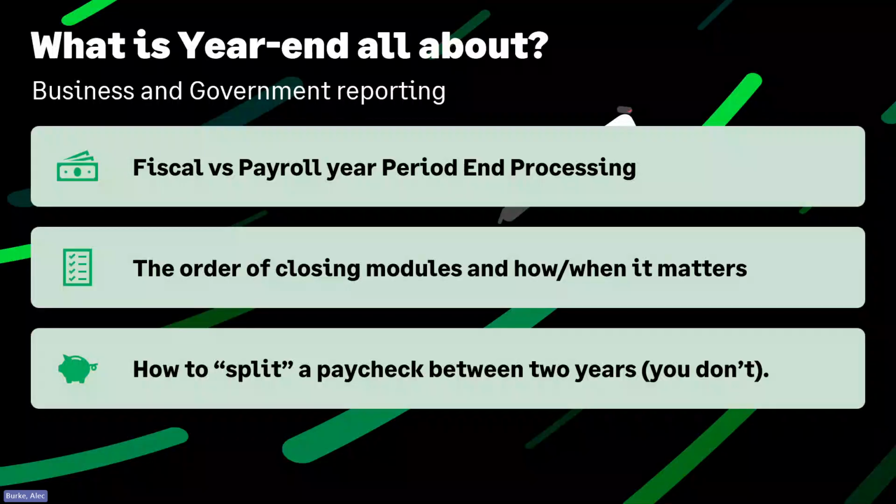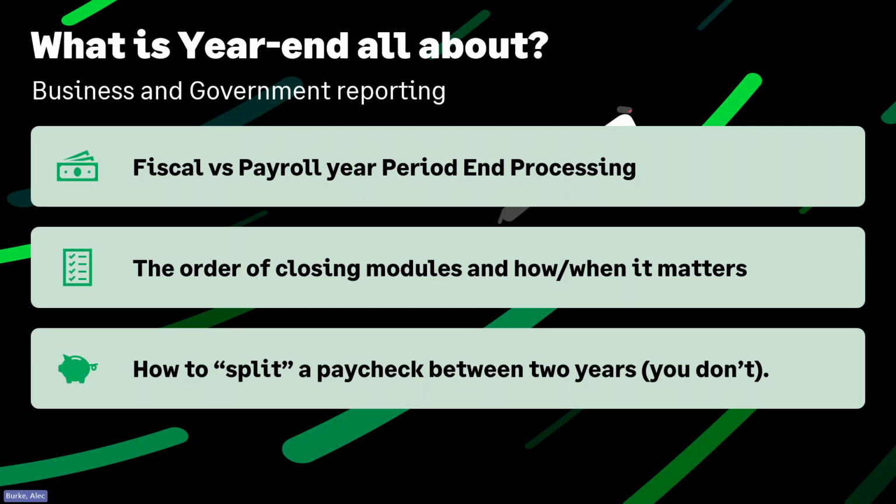However, it's not critical, and the period end processing can usually be run in the order the business would like, as long as the general ledger is closed last. This is another article you'll find linked directly on the slide at the end of the slide deck. Those will be posted on the community site along with the recordings of this session.